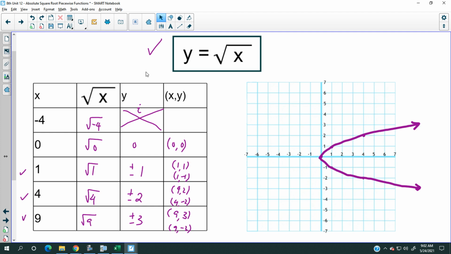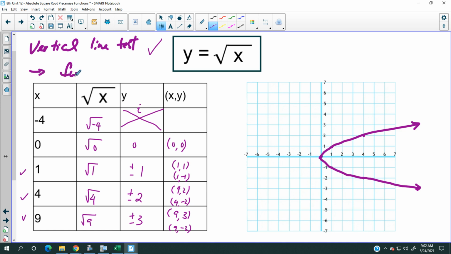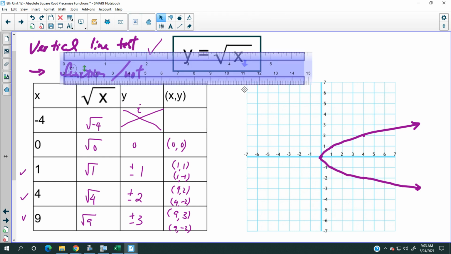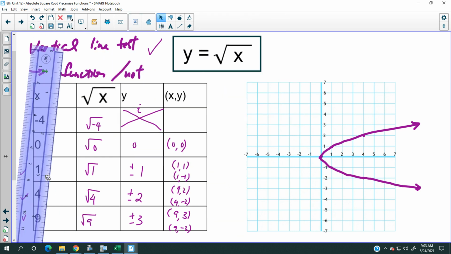Remember the vertical line test? What does a vertical line test tell you? It's whether something is a function or not a function, right? So what happens if I put the vertical line on it? Let's say I take a ruler and go like that.